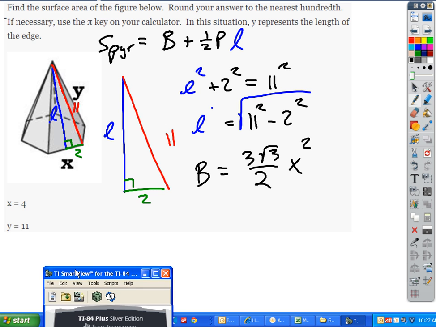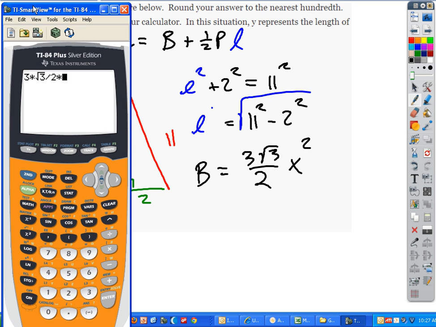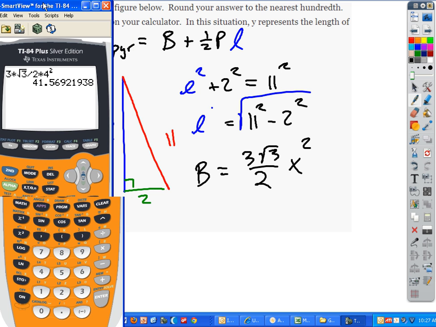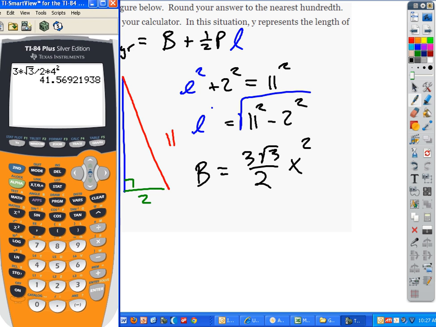So we can just plug into our formula. Surface area is B plus 1/2 PL. Let's calculate L while we're at it. Square root of 11 squared minus 2 squared is that. So there's L. Okay?